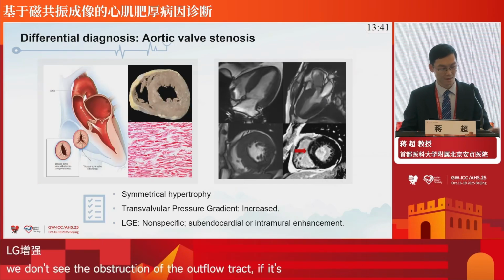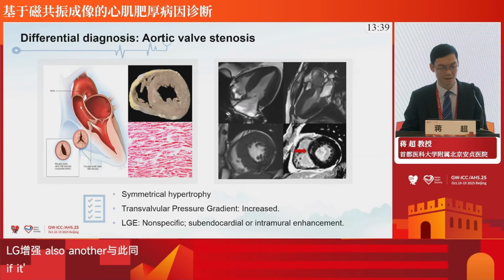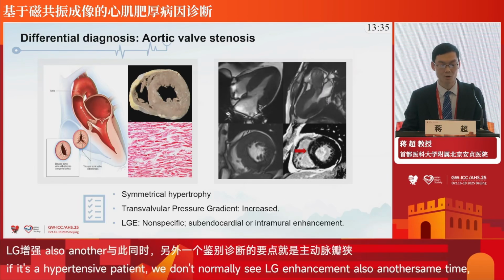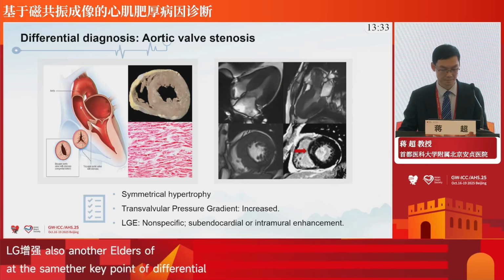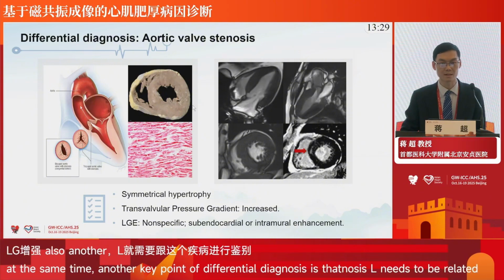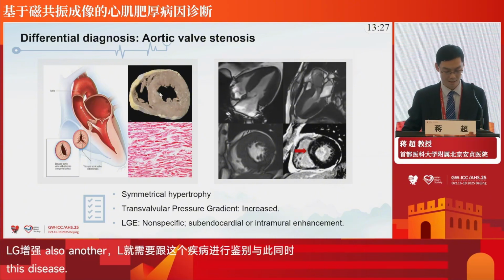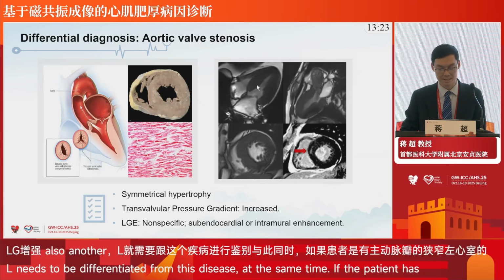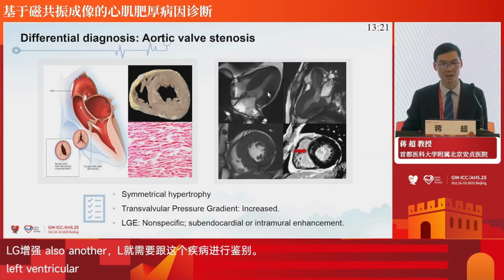Another differential diagnosis for left ventricular hypertrophy is aortic valve stenosis. In patients with aortic stenosis, the left ventricular hypertrophy is also symmetrical, the same in the septal and the lateral wall.